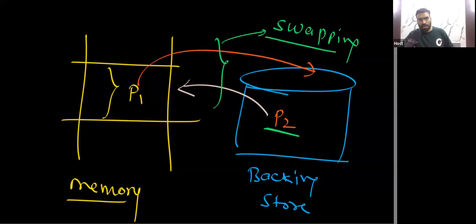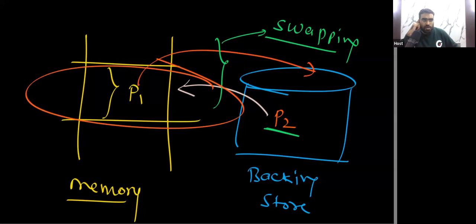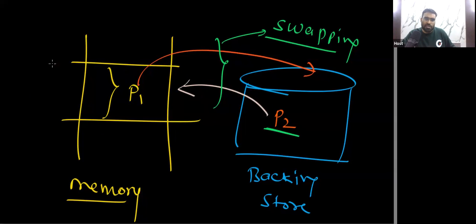After some time, let's assume P2 execution is over. Now you want to load P1 again. Is it necessary that you load the program at the same location? Like this is, let's assume, location 200.